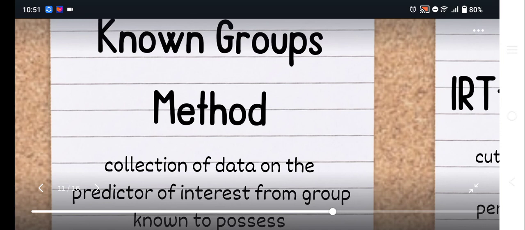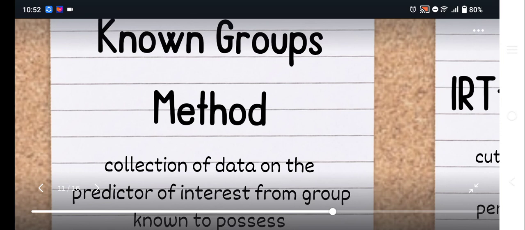First is known to possess, and the second is not known to possess, a trait, attribute, or ability. Okay, the data are collected and used to choose the score that best discriminates the two groups from each other.